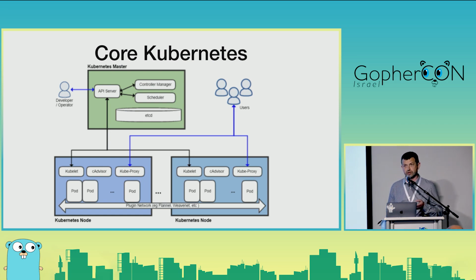A scheduler distributes the workload of containerized applications across the worker nodes. And etcd is a distributed storage that stores the state of the Kubernetes application. You can think about Kubernetes as a state machine. You define the desired state, and the Kubernetes cluster tries to get to this state and maintain it over time.